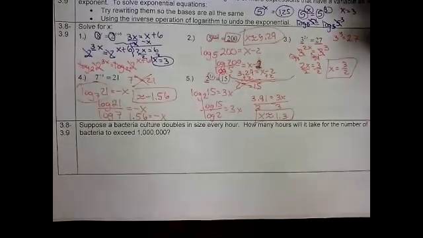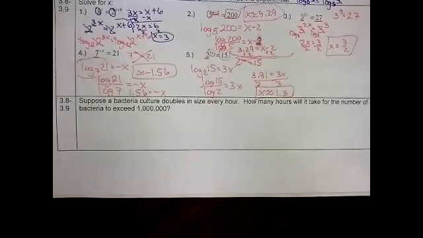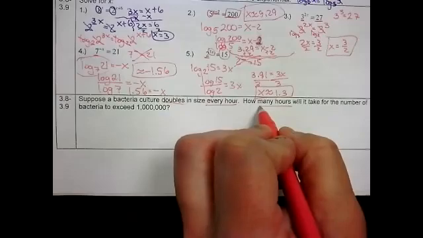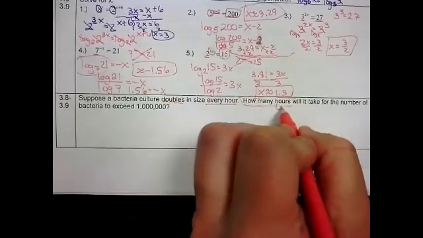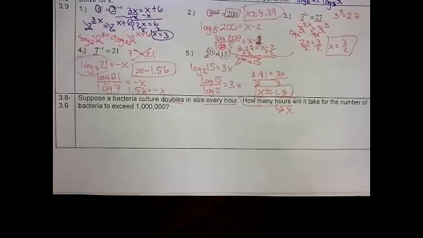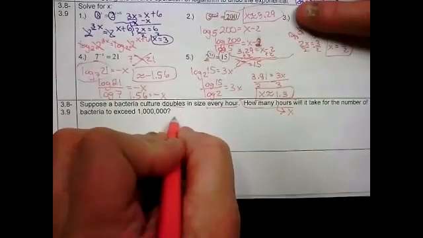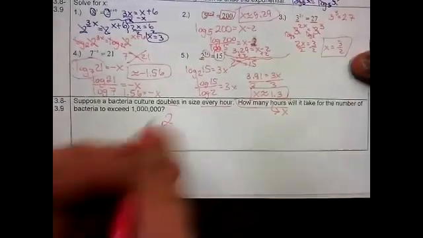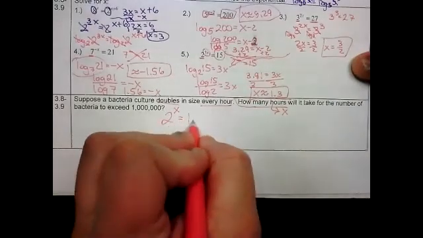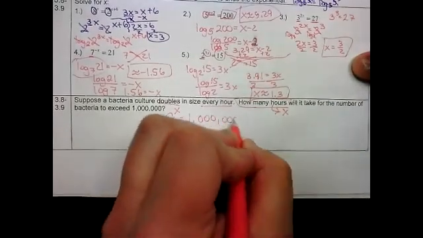We're going to work on some more of these, but let's take a look at a word problem right now. It says, suppose a bacteria culture doubles in size every hour, and we want to know how many hours. So the hours is going to be our x. How many hours will it take for the bacteria to exceed 1 million? In other words, if it doubles in size every hour, how many hours equals 1 million bacteria.